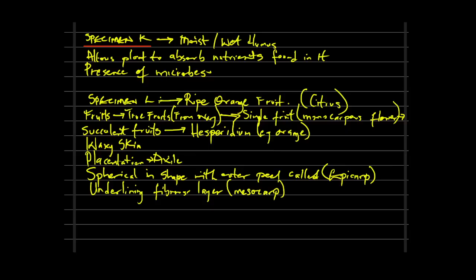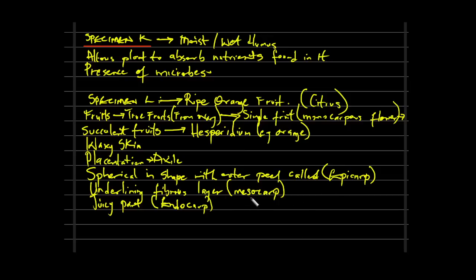So the underlying fibrous layer is called the mesocarp, and then we have the tiny part, that is the juicy part of the fruit. The juicy part is called the endocarp. So the outer layer, the peel, is called the epicarp.